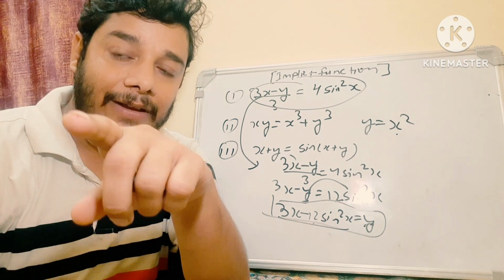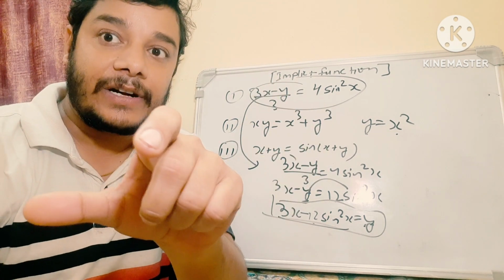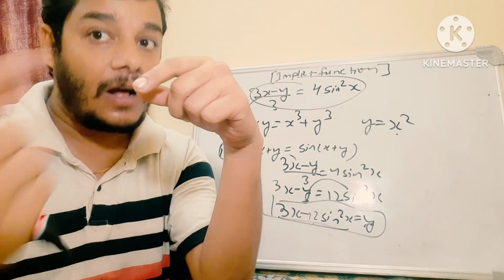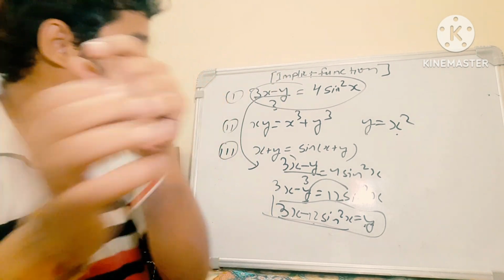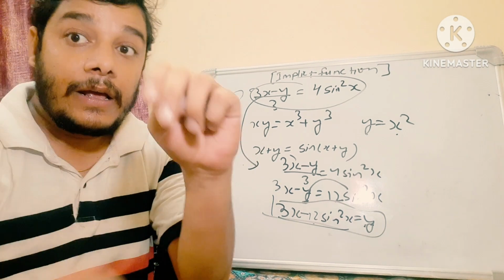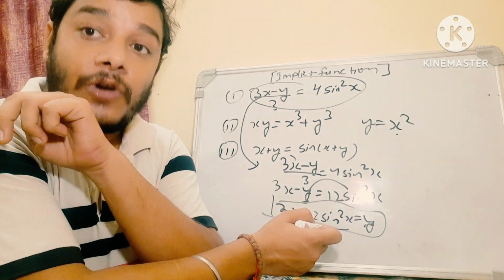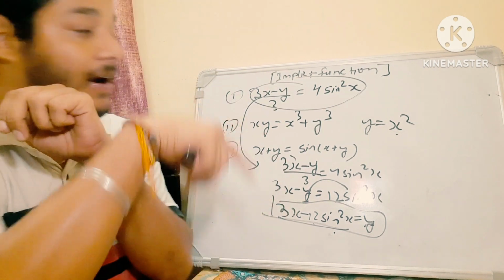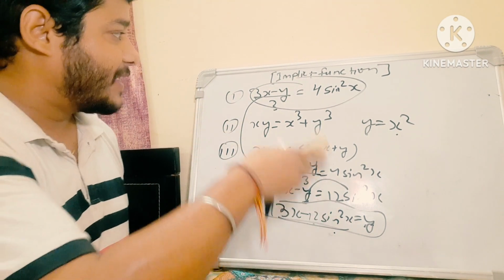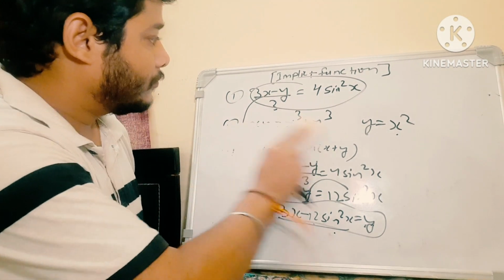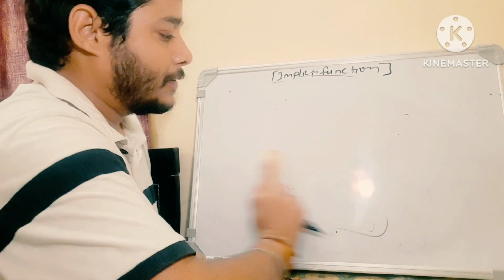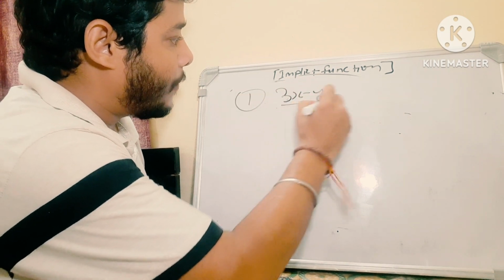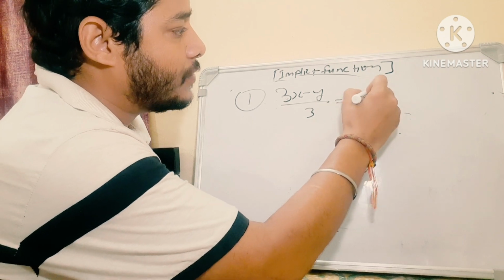So the meaning of a non-implicit function is that you can separate a variable from the other variable. Here two examples we'll discuss. This is the example where we can separate x and y, but I will give you an example once again, see. Suppose, once again, (3x minus y)/3 is equal to 4 sine square x.